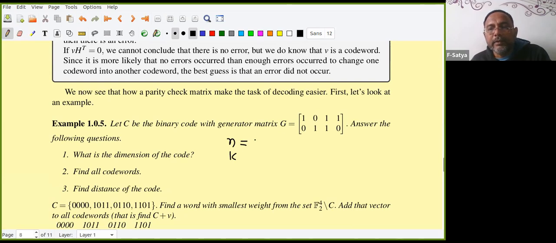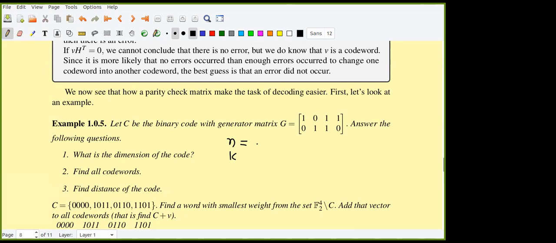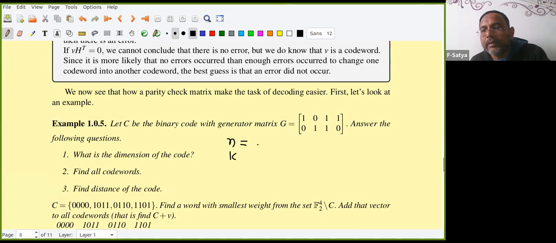N equal to? What is n in this case? Suresh, what is n here?